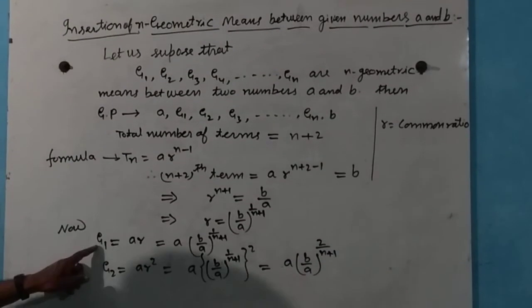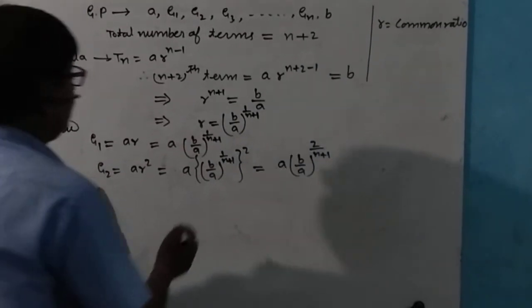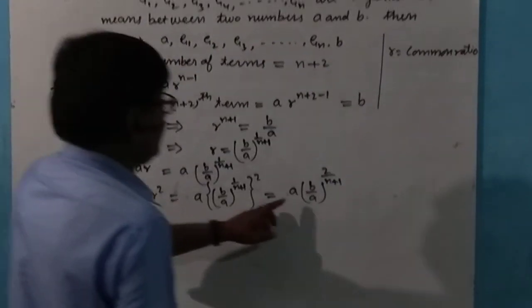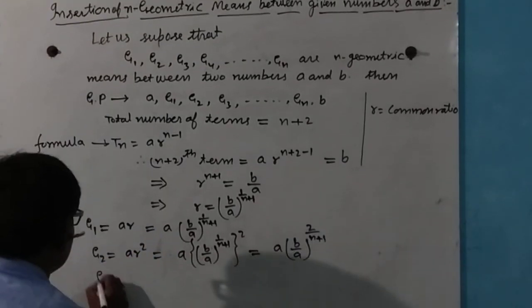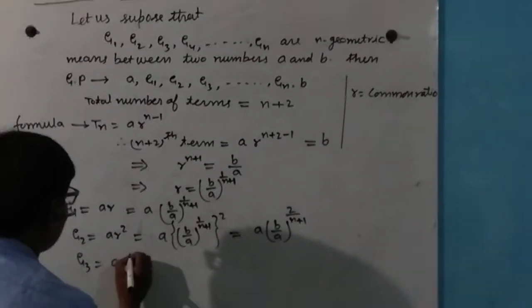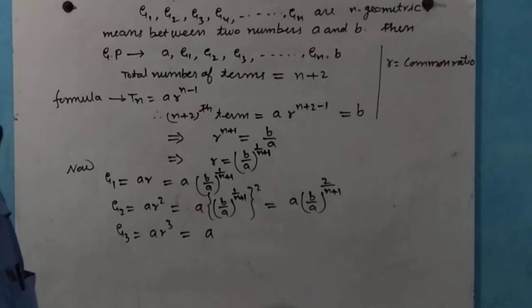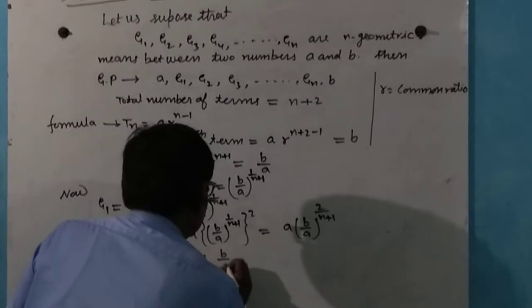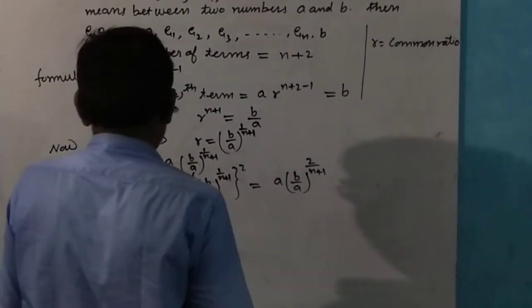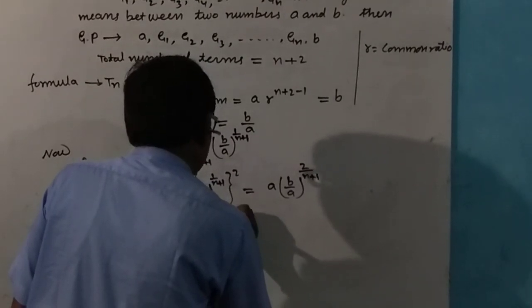So the first geometric mean is A into B by A to the power 1 by n plus 1, the second is A into B by A to the power 2 by n plus 1, and G3 equal to A r cube, which is A into B by A to the power 3 by n plus 1.